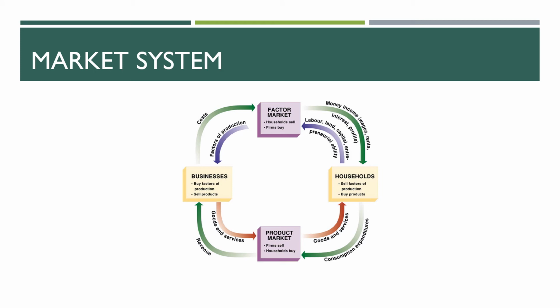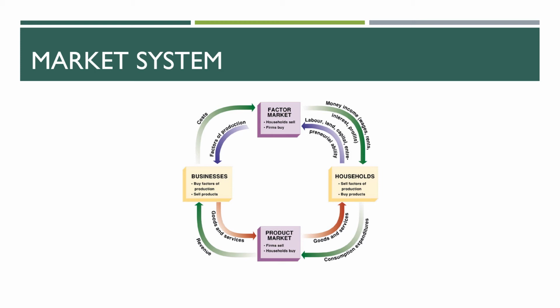While stepping a little bit away from the PPF models, we would also like to introduce what we call the circular flow diagram. A circular flow diagram describes how an economy flows from one side of the economy to the other. This is a very simple market system that demonstrates the circular flow diagram.